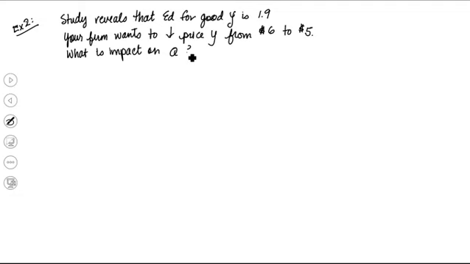So a study reveals that the elasticity of demand for good Y is 1.9. Your firm wants to reduce its price from 6 to 5, and we want to know the impact on quantity.